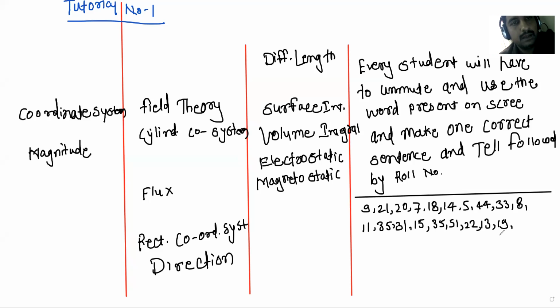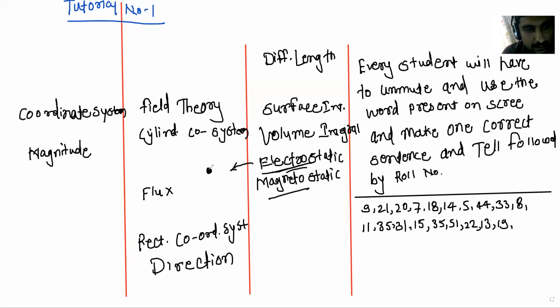Okay, let me extend this concept and let me tell you those two words, electrostatic and electromagnetic. These two are the kind of fields produced, right? When we say electrostatic, this electrostatic field is produced by a stationary charge.